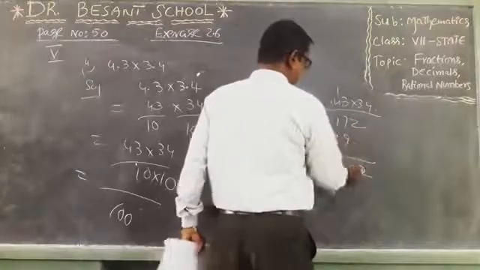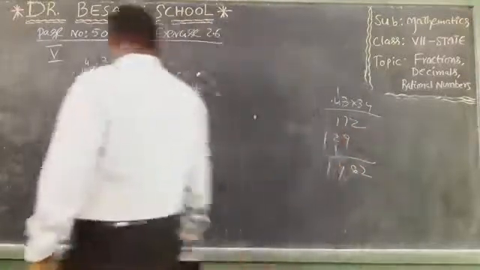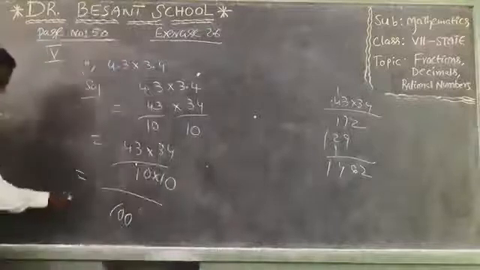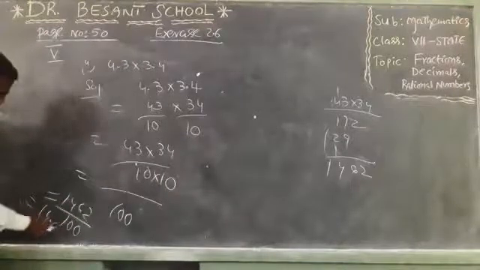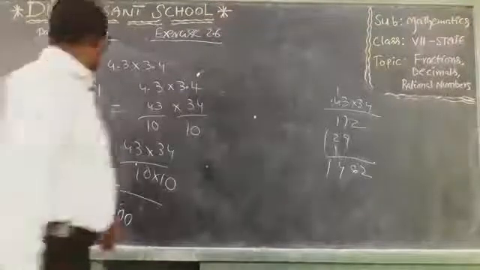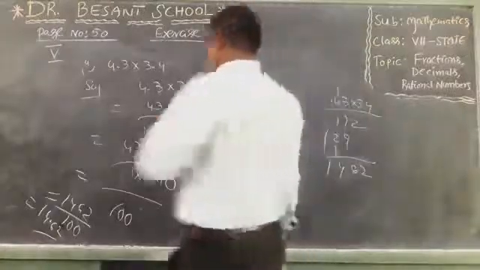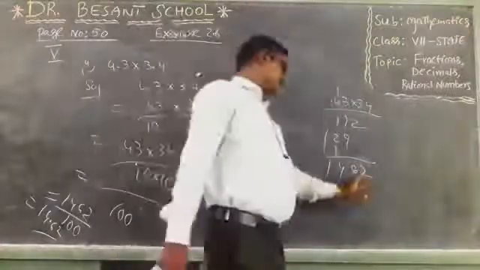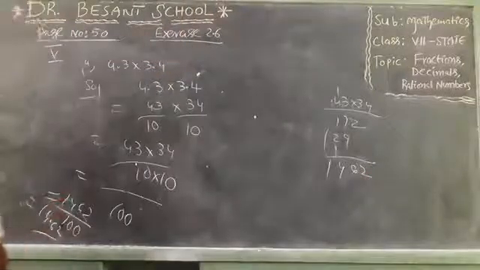This is 2, 7 plus 9 16. 1 plus 2, 3 plus 1 4, 1 4 6 2. This is 1462 by 10 10s 100 becomes as 14.62. Did you understand, children? Yes. 43 into 34 becomes as 1462. 1462 by 100 means 14.62.